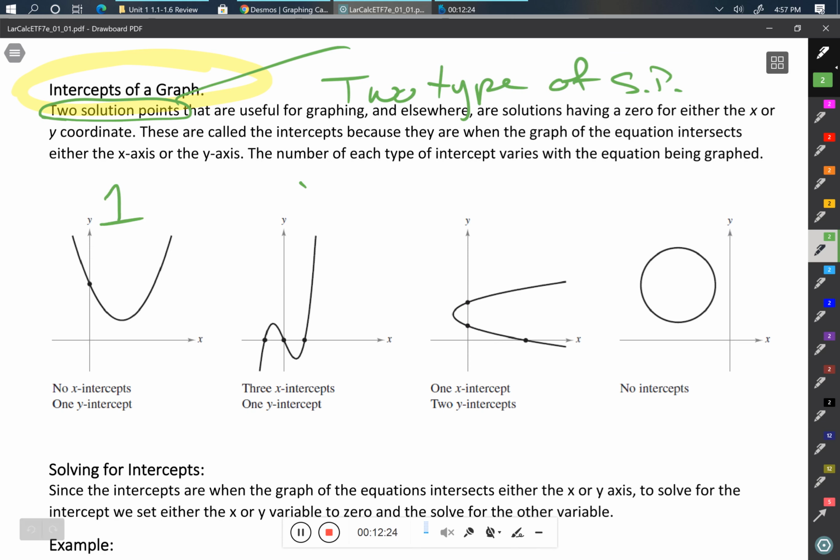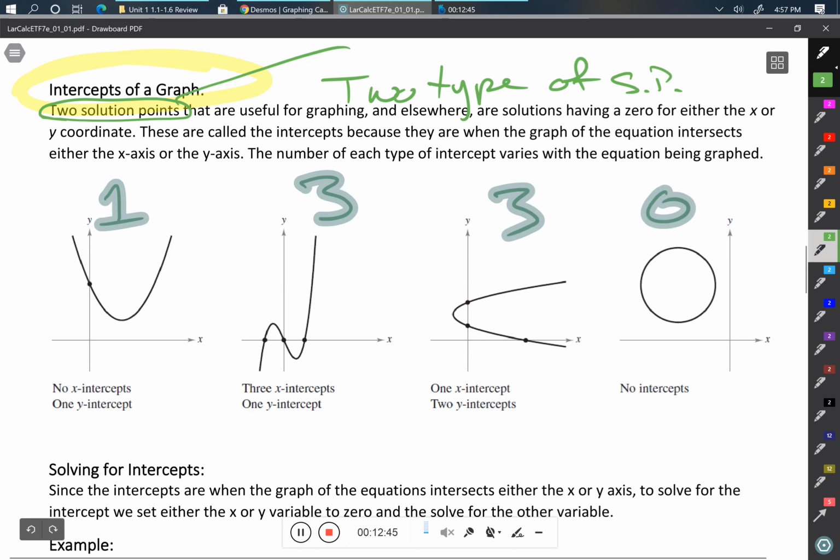This one has 3 intercepts because it crosses the x-axis 3 times and the y-axis once. This one has 3, but it crosses the y-axis twice and the x-axis once, and this one has 0. So it's not that every graph has 2 intercepts. Every graph has the potential for 2 types of intercepts.